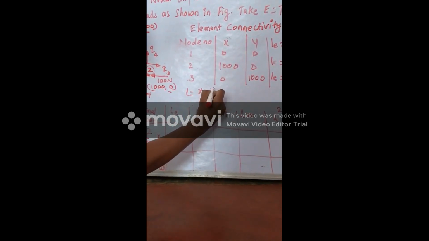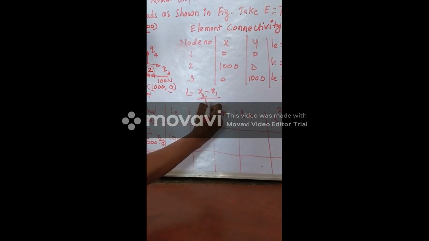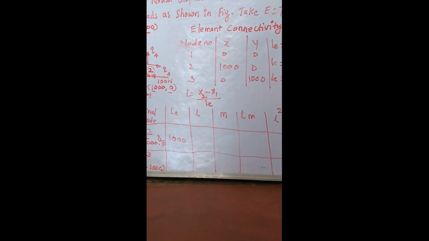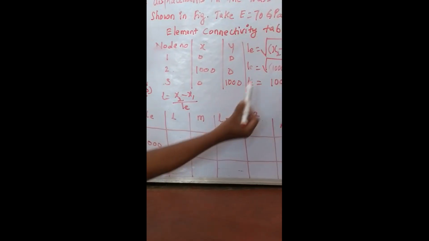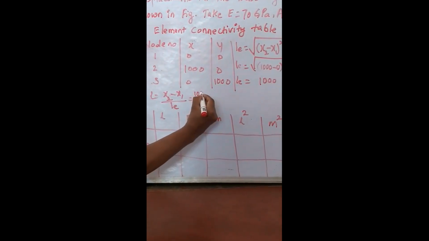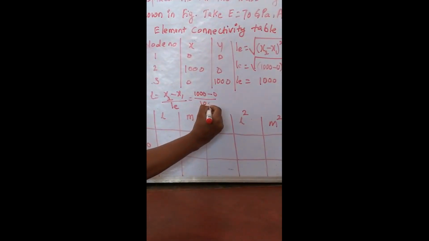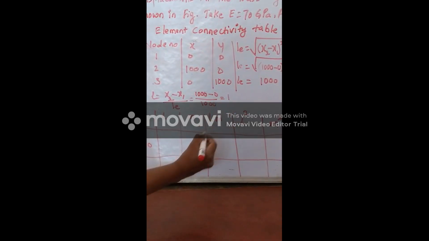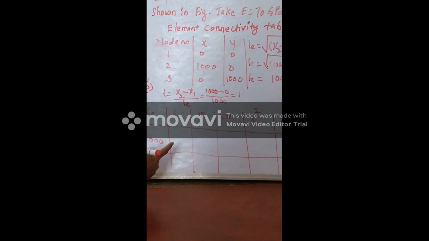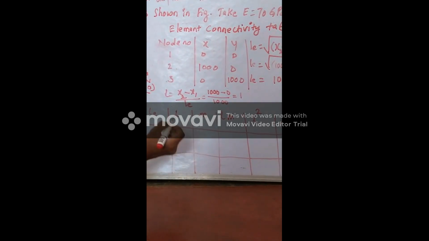Direction cosine L can be written as x2 minus x1 divided by the length of the element. Now x2 minus x1 is 1000 minus 0, divided by the length of the element, 1000. So direction cosine L will be 1.